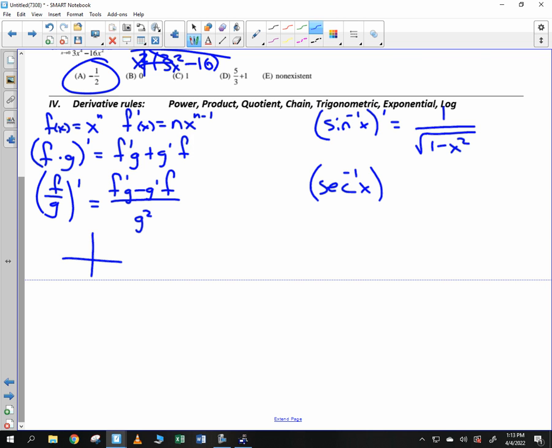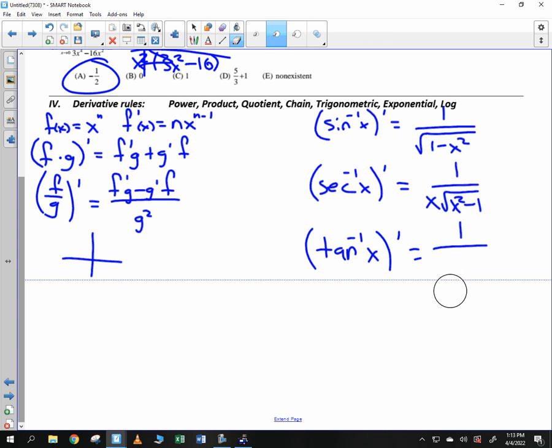How about the derivative of arc secant? 1 over x times the root of x squared minus 1. Very good, Colin. Totally what you were going to say. And how about the derivative of arctangent of x? We generally raise 1 plus x squared.